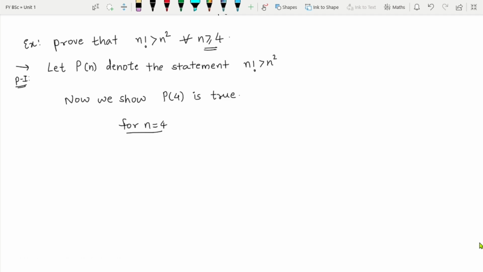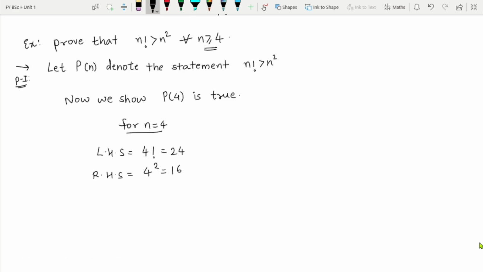So for n equal to 4, my LHS will be 4 factorial, and you are familiar with what 4 factorial is: 24. And my RHS will be 4 square, that is 16. Therefore LHS is greater than RHS, and therefore P of 4 is true.